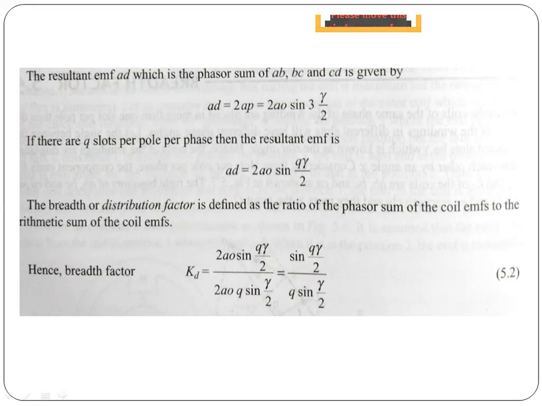Hence, the breadth factor Kd equals 2AO sine Q gamma by 2 divided by 2AO Q sine gamma by 2, and that will be equal to sine Q gamma by 2 divided by Q sine gamma by 2.